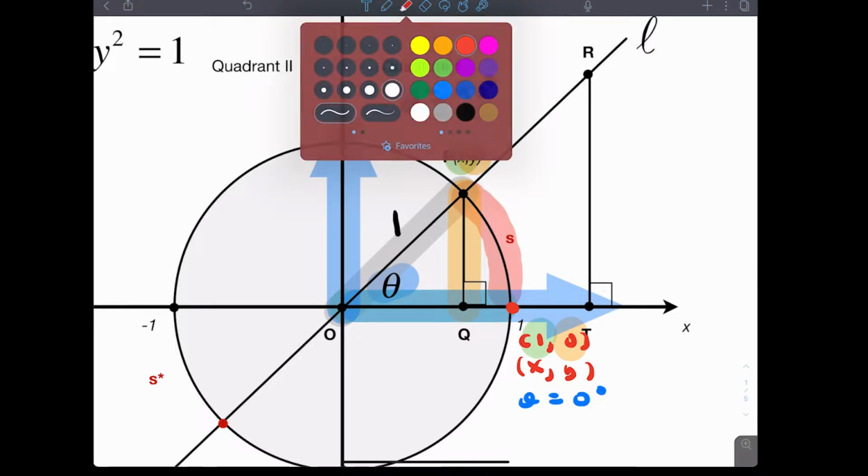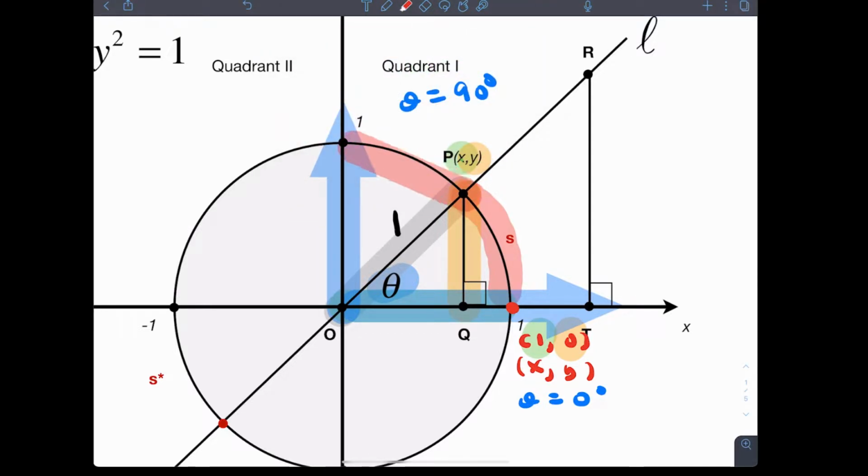Your arc length now, what's the arc length? Distance along that circle of radius 1. Anybody remember from yesterday? Arc length now is what? What is S? Thank you. S is pi over 2, ladies and gentlemen.